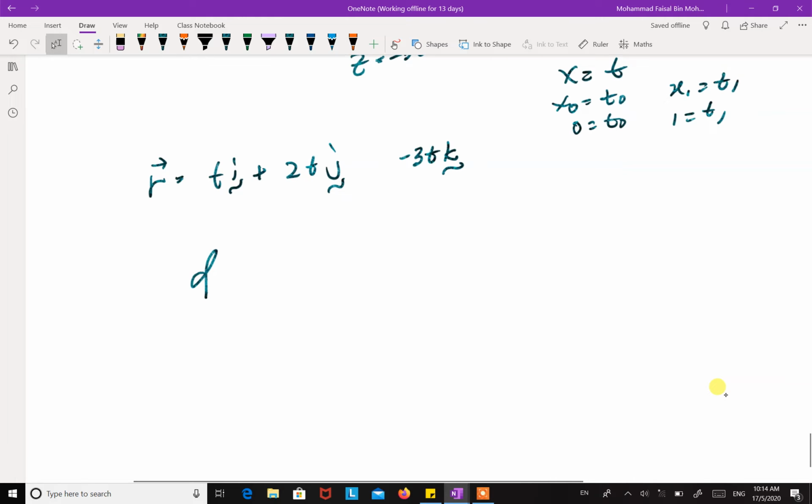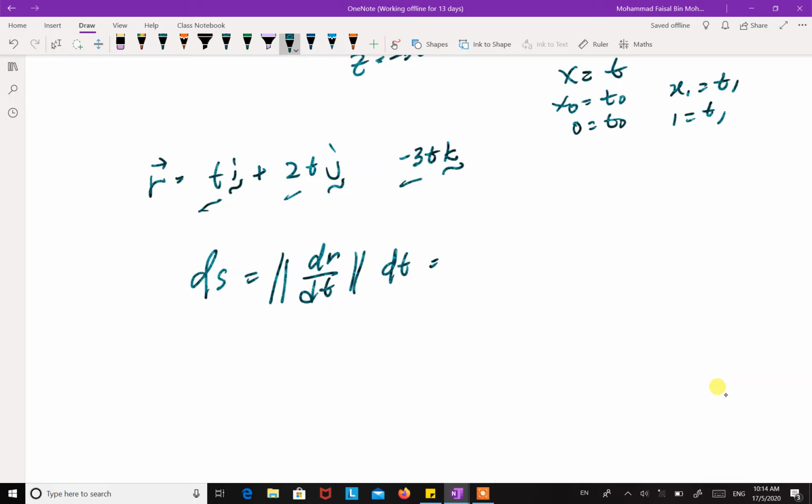Then your ds is the magnitude of dr/dt times dt. That is the square root of 1 plus 4 plus 9, which is square root 14 dt.